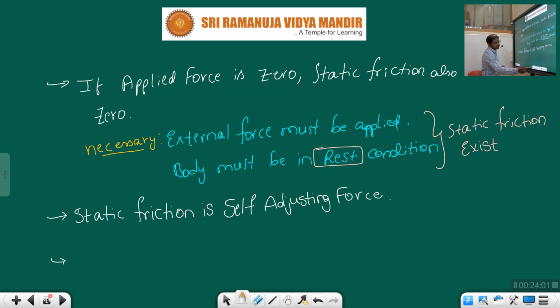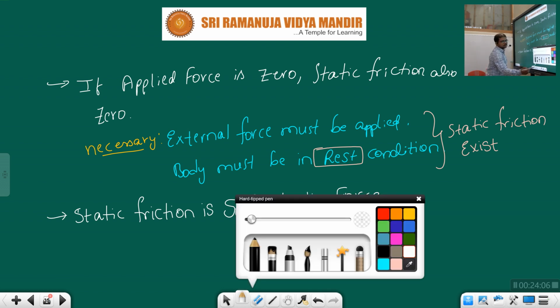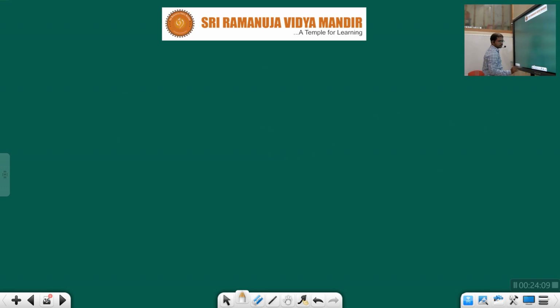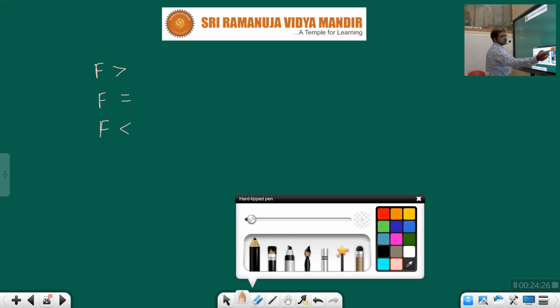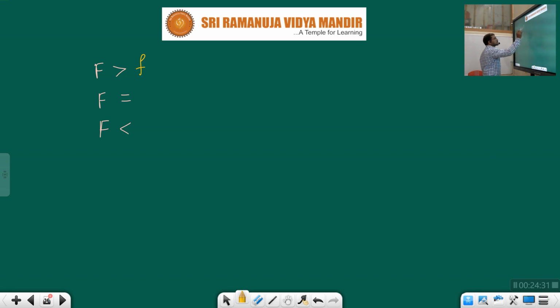See children here, I will take capital F as the applied force. We consider when applied force is greater than static friction, equal to static friction, and less than static friction.